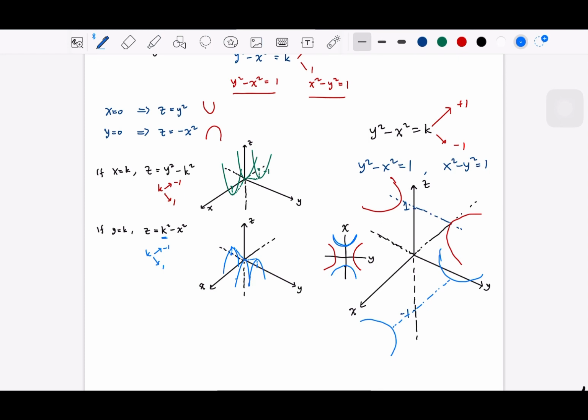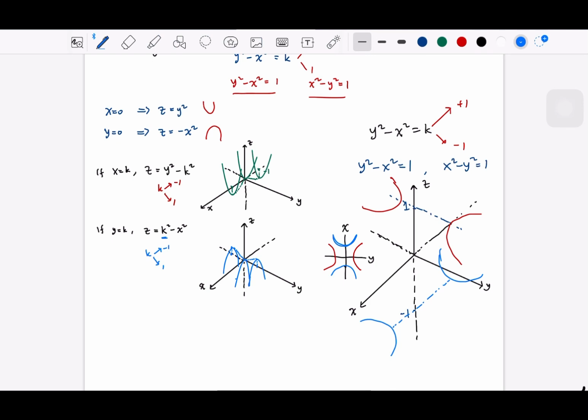So now we need to connect all these things. So the hyperbola will be at the end of the sides here, okay? And this will be connecting, so this will be the top side here, and then this will be the outside like that.